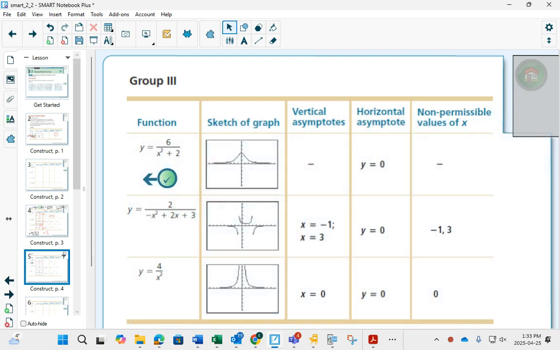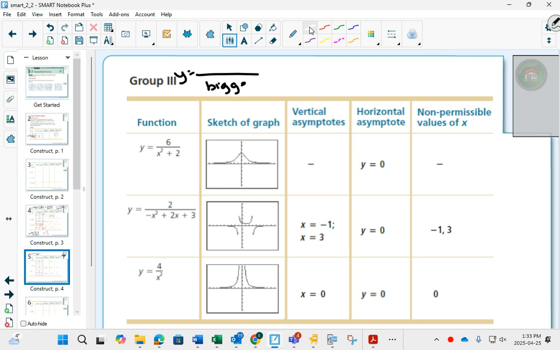And there's 2 sets. I'll let you copy these ones first. And we'll add the asymptotes. But group 3 can be described as, last one was same and same.